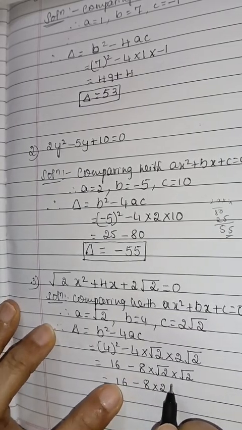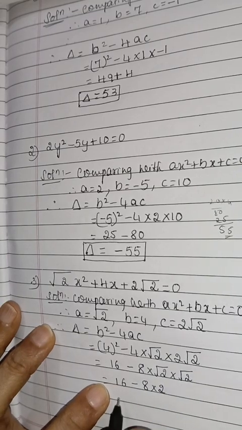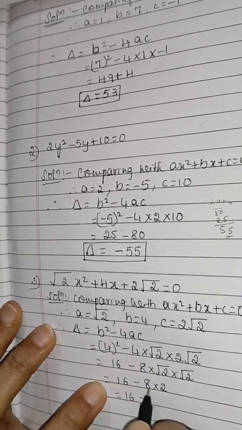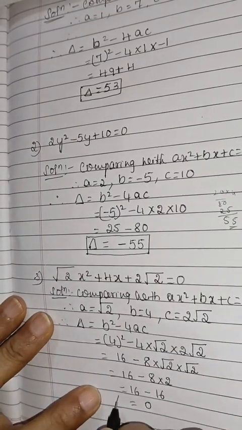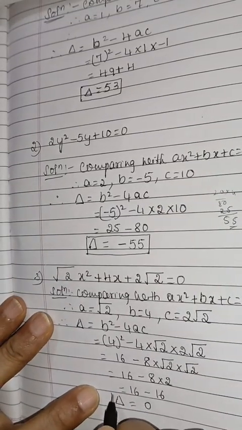Only 2. That is 16 minus 16, that is 0. Delta is 0. Answer is 0.